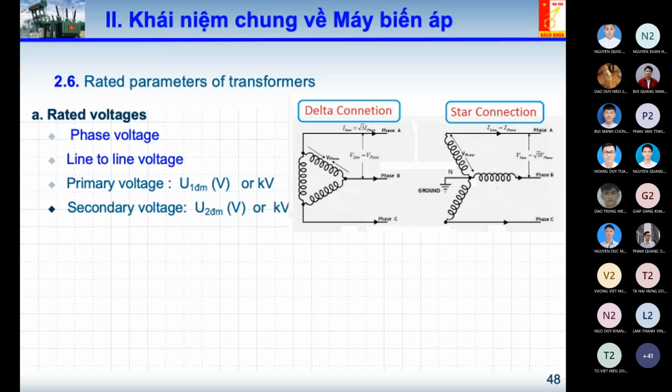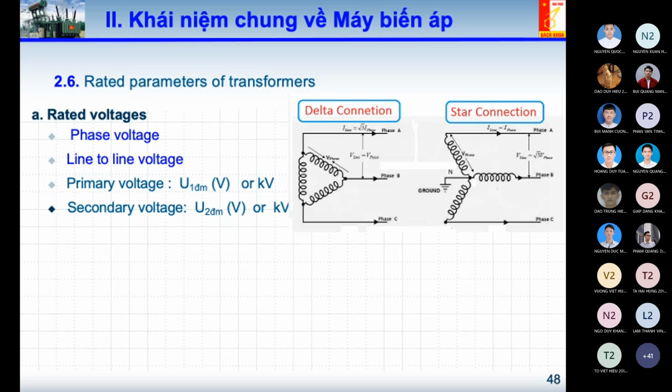Normally for the unit of the voltage of each winding, we get volt or kilovolt depending on the power capacity of each transformer.